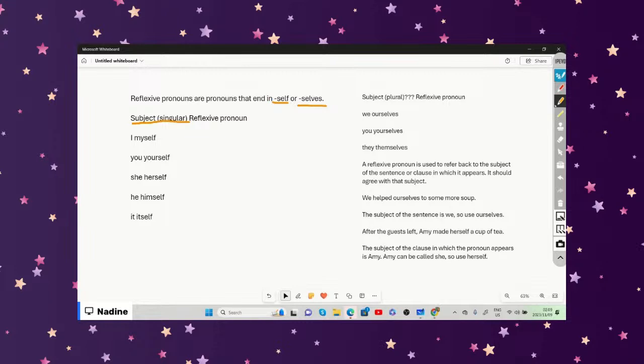If we look at the next one on the right-hand side, it says subject plural. So now we have our plural subjects: we, ourselves, you, yourselves.